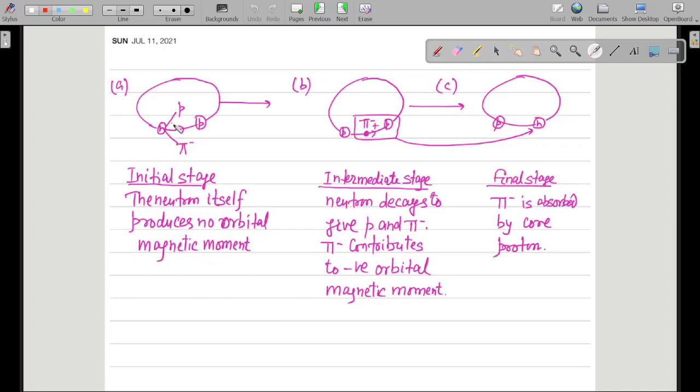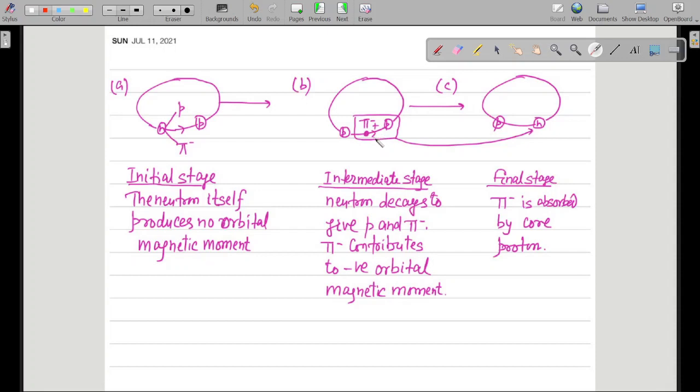By the hypothesis that while revolving around the center of the nucleus, the neutron is getting converted into a proton and a pi minus pion. So this particular neutron got converted into a proton and a pi minus pion.